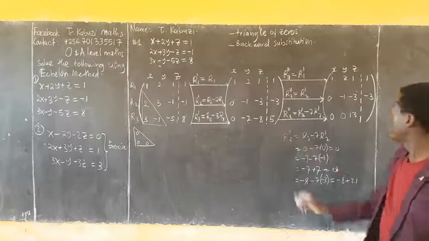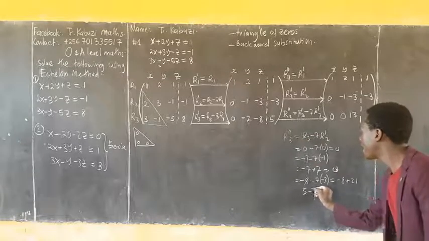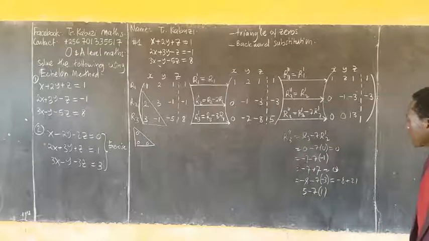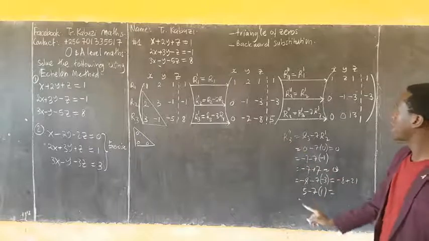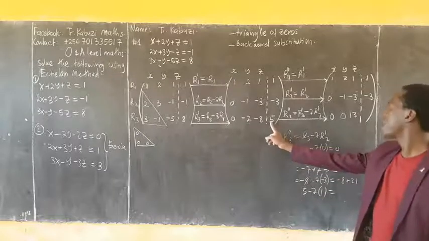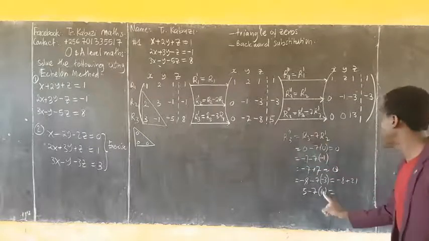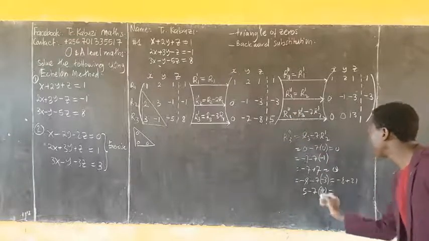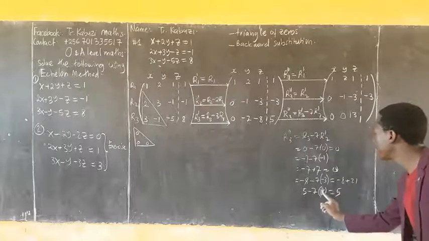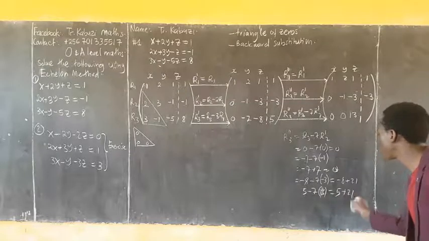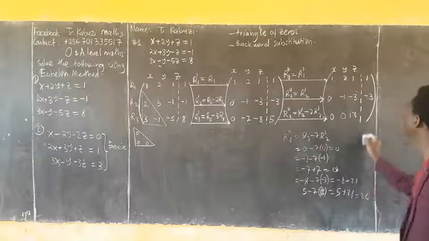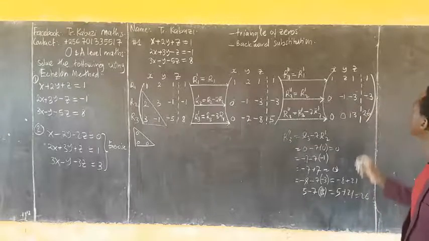Then you come to this, you say 5 minus 7 into the corresponding value here, which is negative 3. This will be 5, negative negative gives you plus 21, and this gives us 26. So this one is 26.